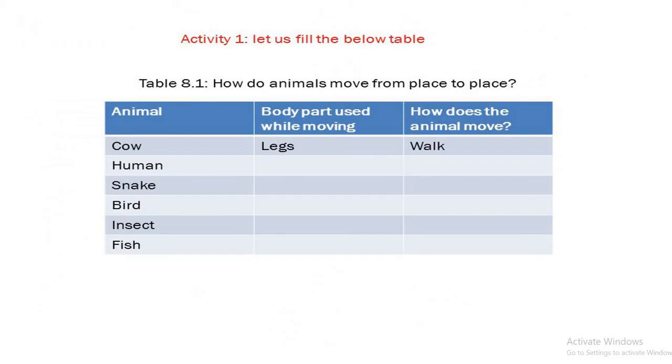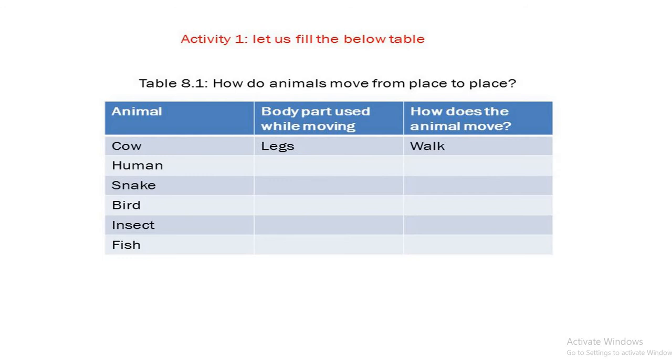Let us fill the below table in this Activity 1. How do animals move from place to place? For example, a cow has legs as the body part used while moving, and the cow walks. Another example is human. Which body part is used in moving?